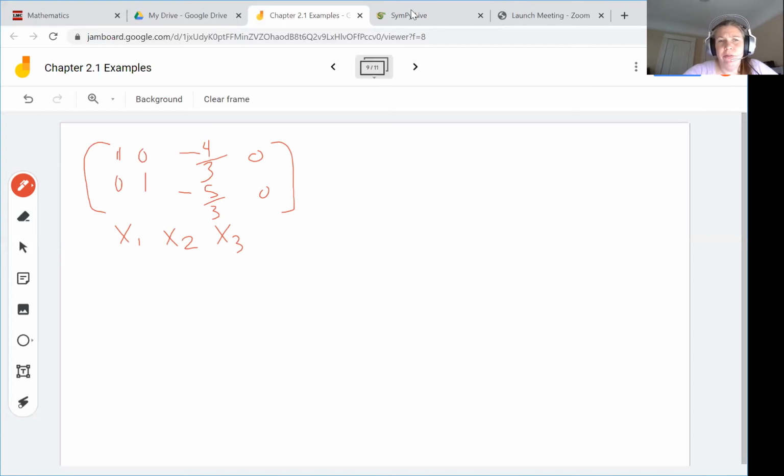The first row gives us x1 plus 0 x2 minus 4/3 x3 equals 0 here. Or more simply, x1 minus 4/3 x3 equals 0. Or you could say x1 equals 4/3 x3.